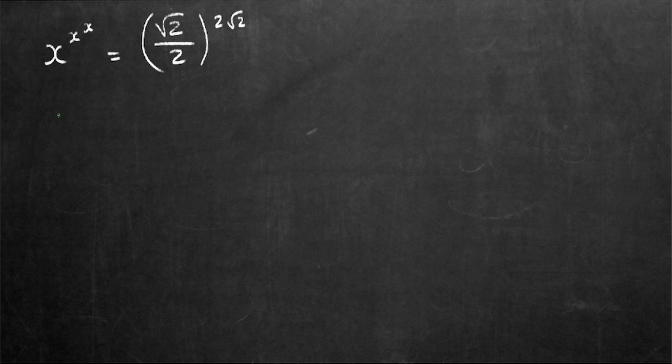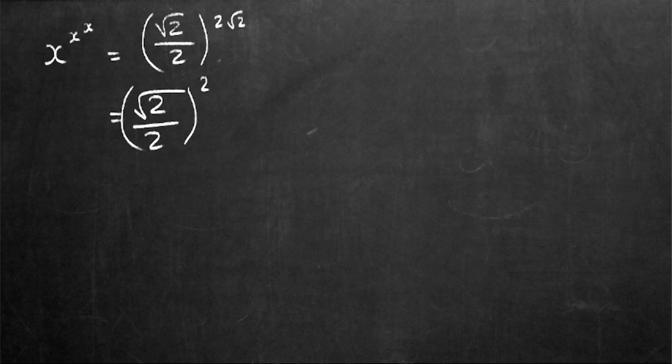What do we know about 2 root 2? Well, we know that it's made up of two components. We've got 2 multiplied by root 2, and that can be represented as 2 to the 1 multiplied by 2 to the half. And if you use your rules of powers, that's the same as 2 to the power of 1 plus a half, which is 2 to the power of 3 over 2. So let's instead use 2 to the power of 3 over 2 here.